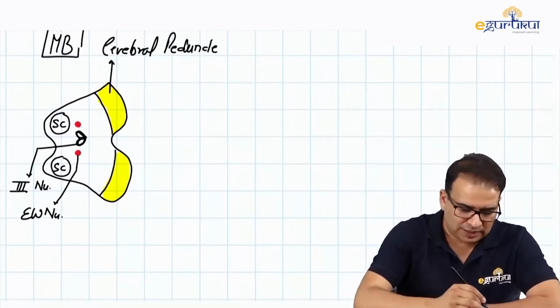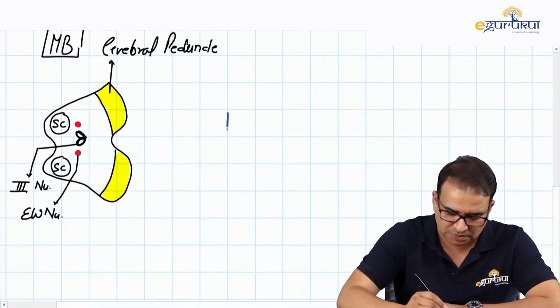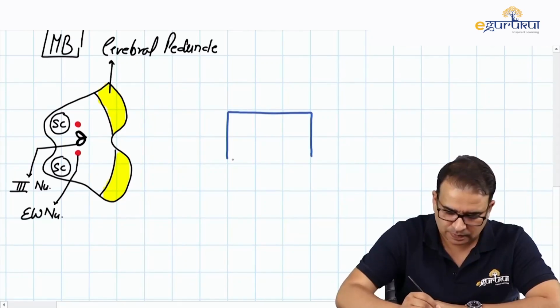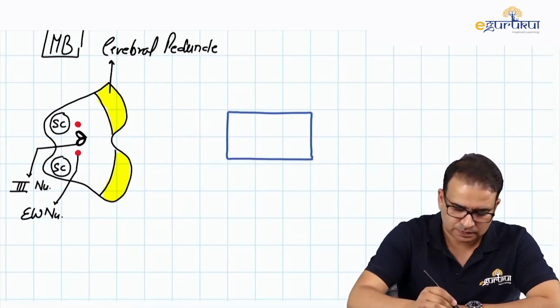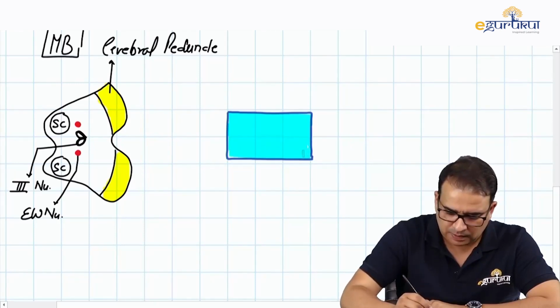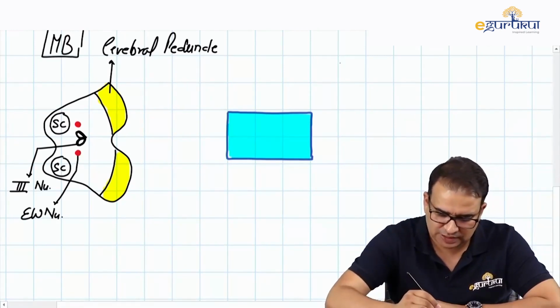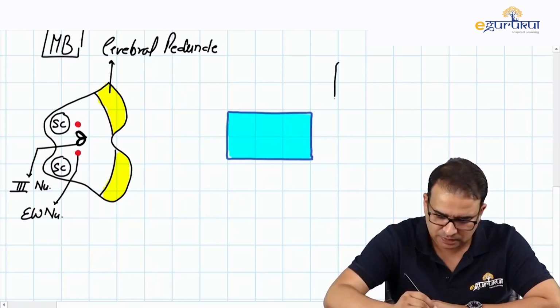If I go beyond, we get the cavernous sinus. Let's say, guys, this here is the cavernous sinus, which is in the middle cranial fossa. Going beyond the cavernous sinus, we get a fissure, the superior orbital fissure.